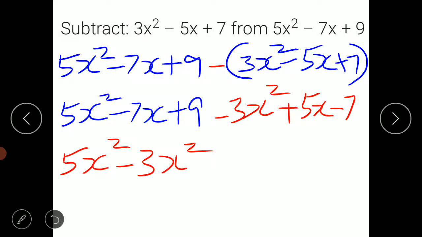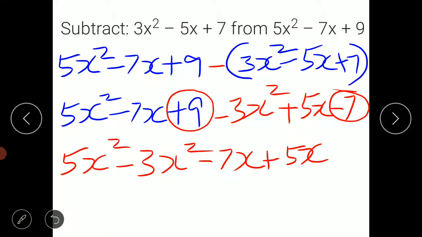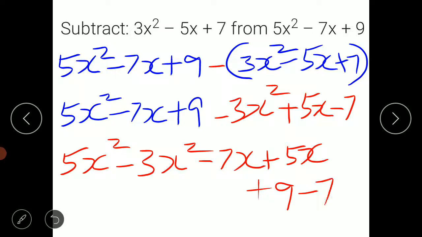Next the x term: minus 7x, and what is the other x term here? Plus 5x. Then we grouped the x square term and x term, and the remaining constant term: plus 9 minus 7.